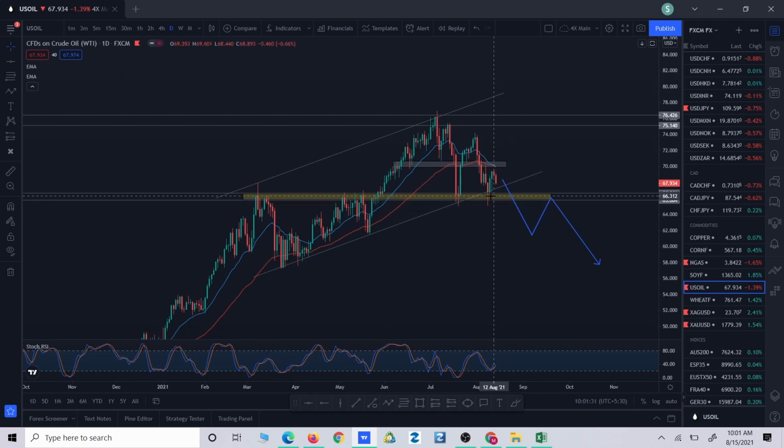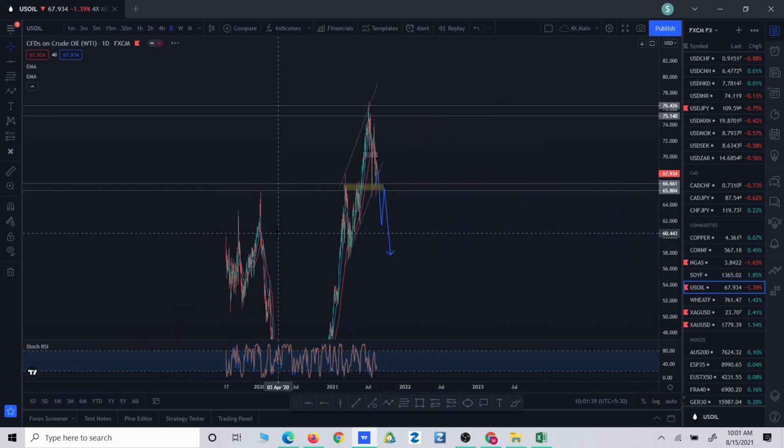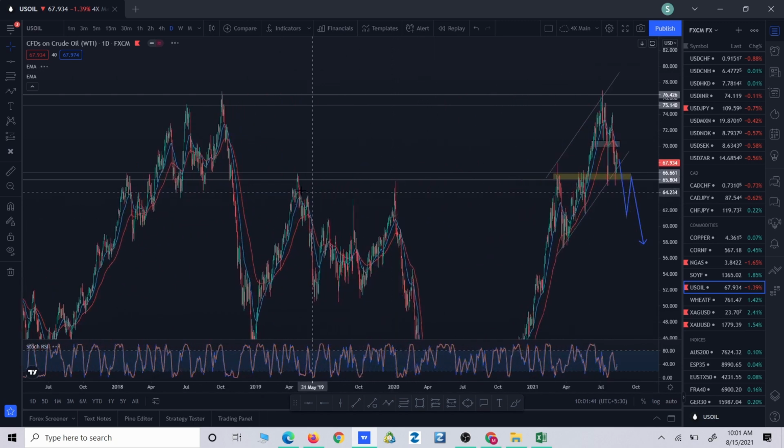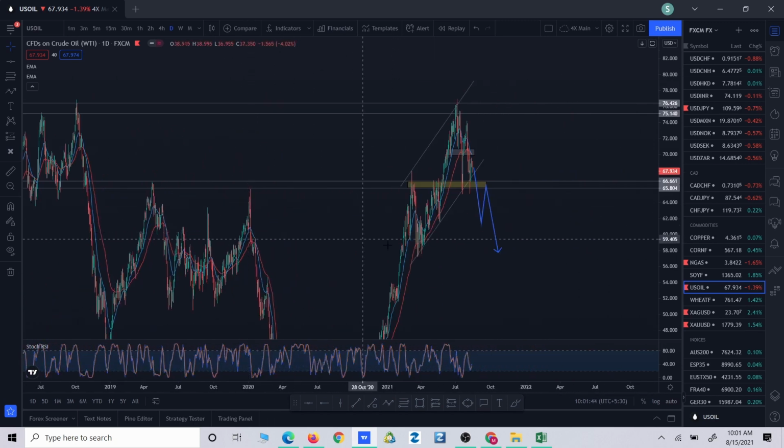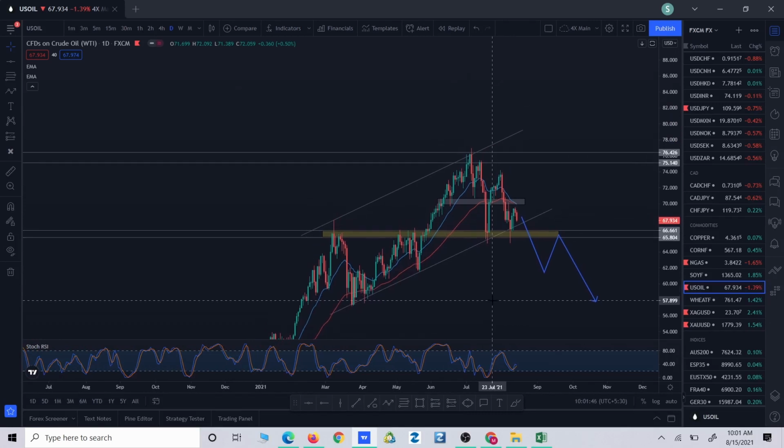If we talk about this particular zone, we can see it is retested here, 1, 2, 3, 4, 5, and 6, already retested 6 times, then 7, 8, 9. So countless number of times the zone has been retested.